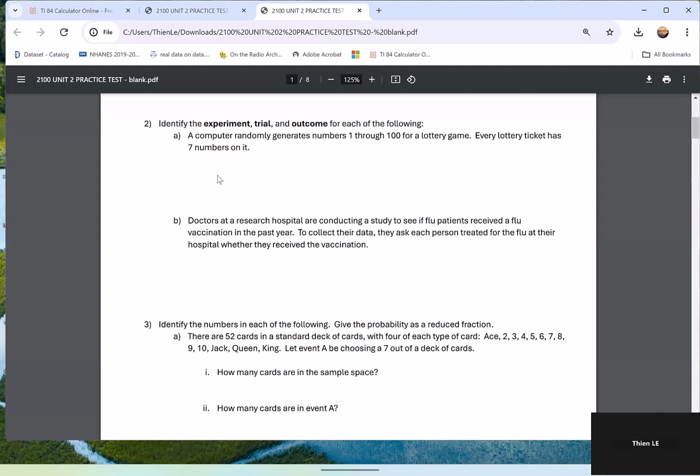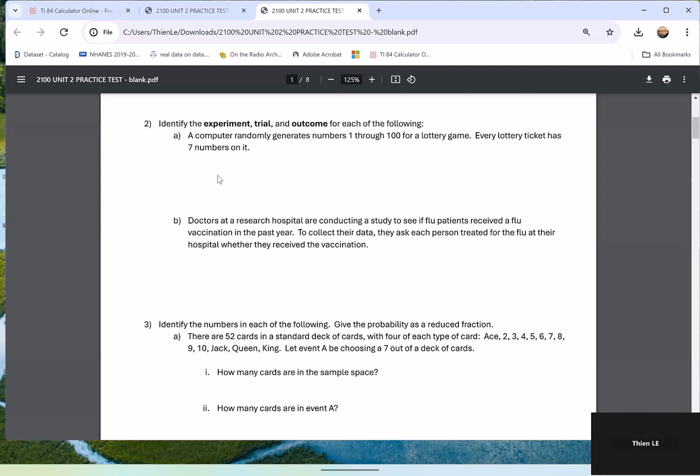So you see what happens here. The computer generates a number from 1 to 100, and that's the experiment, and it keeps doing that 7 times.